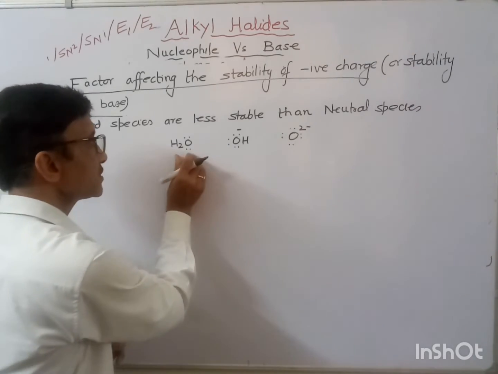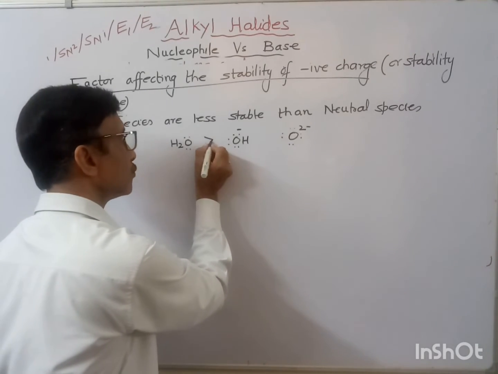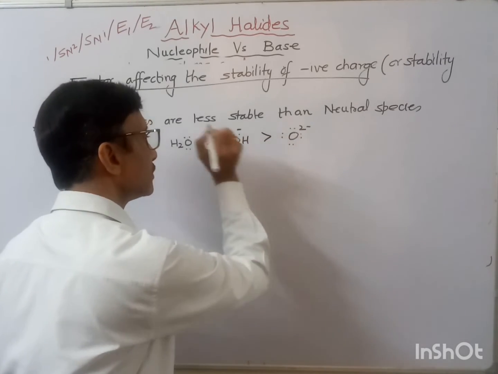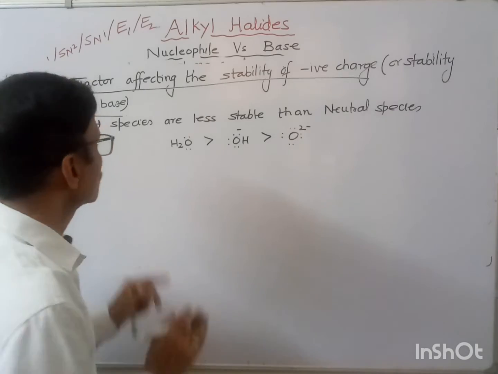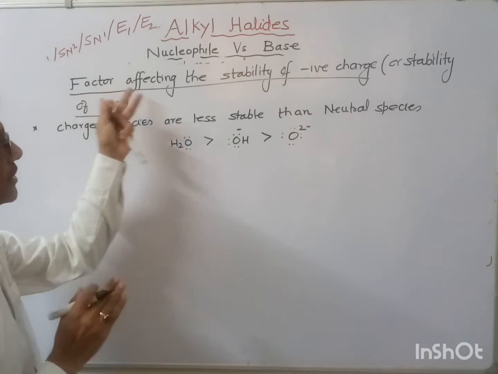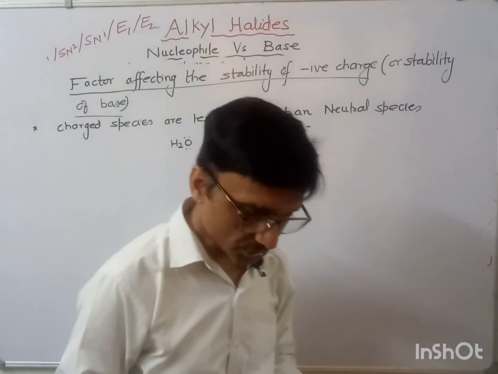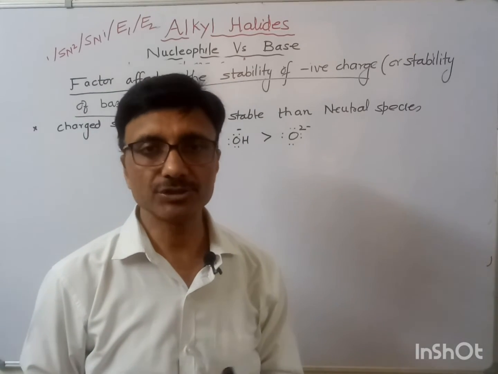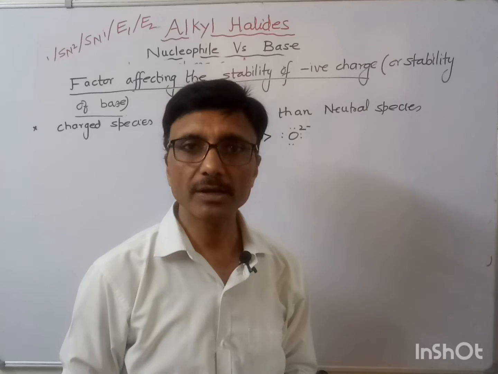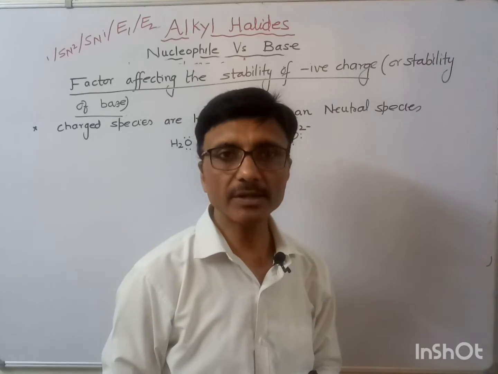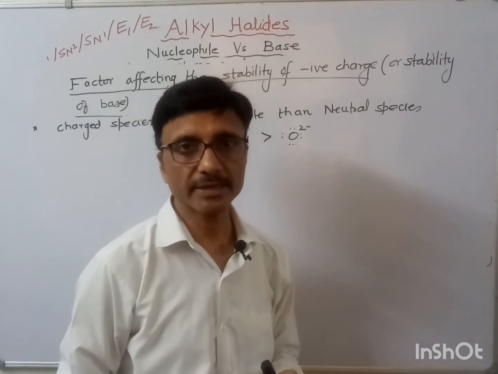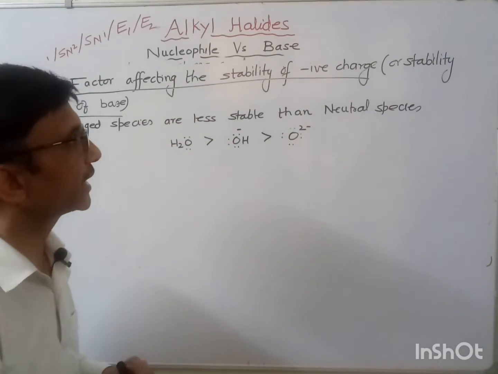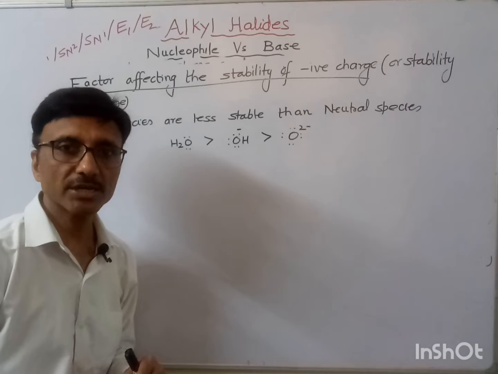No doubt the neutral species is more stable, and the highly charged one is least stable. So what are the factors which affect the stability of negative charge? Anything that stabilizes or neutralizes the negative charge will increase the stability.